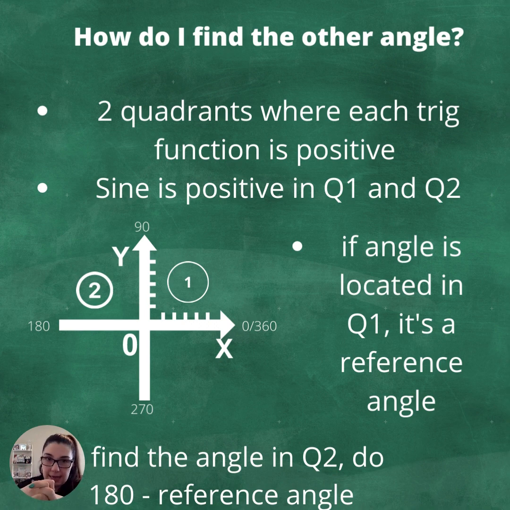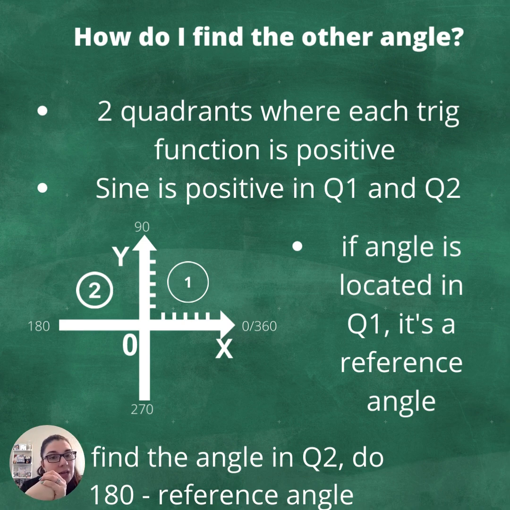So basically, angles that are located in the first quadrant, which range from over 0 but less than 90, are considered reference angles. So you would use that value to find the other angle, which is what we're going to do. Because our angle, 43.63, is located in the first quadrant.